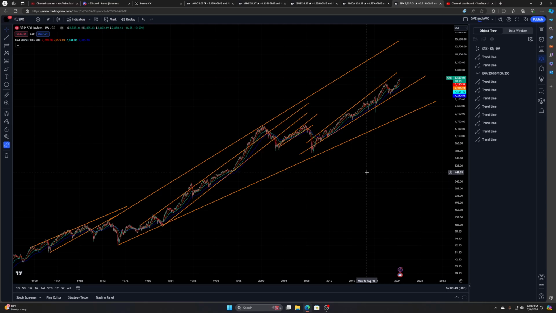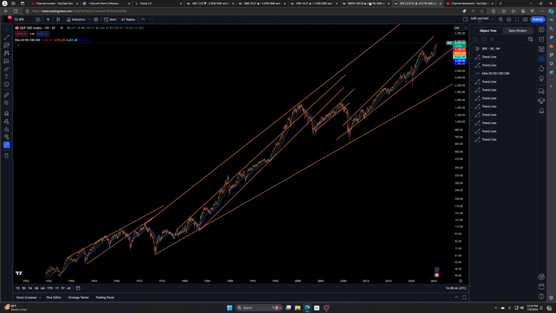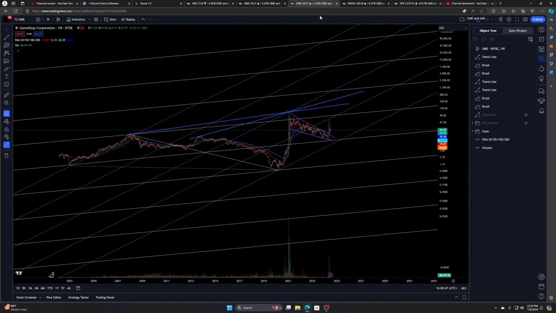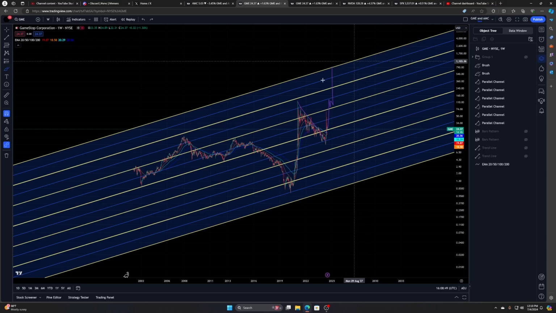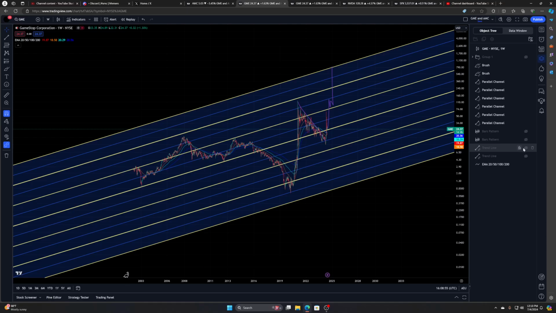That's the essence of what I'm trying to get at on GME and AMC: price is just trading in channels, and that's how you get these price targets. Let me just go over this.